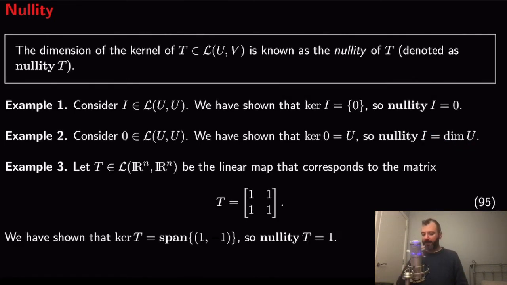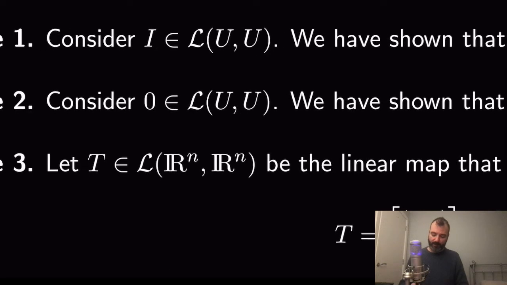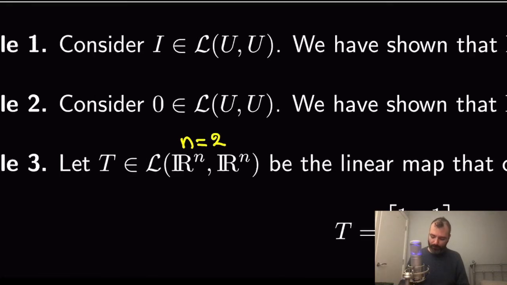Another example, take T to be an operator, a linear map. We also call these things operators, but we call them here linear maps. So take T to be a linear map from Rn to Rn, and in this example n is equal to 2.